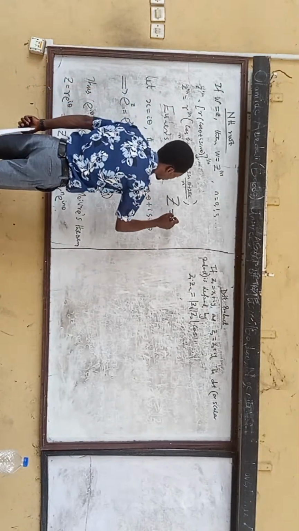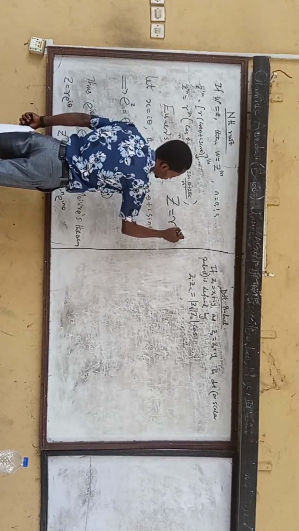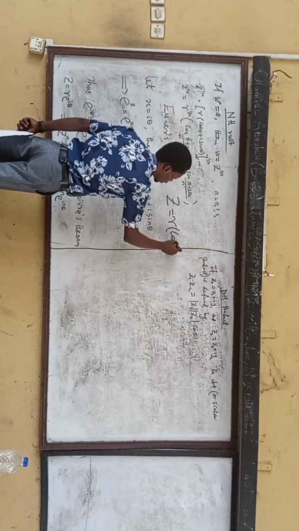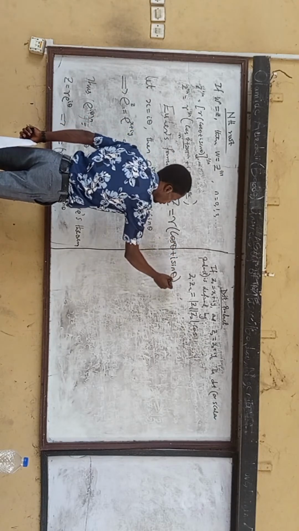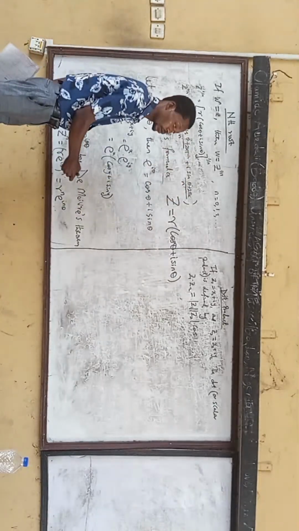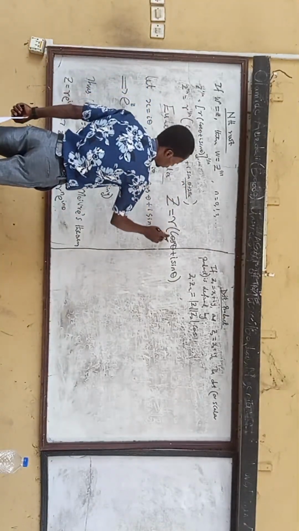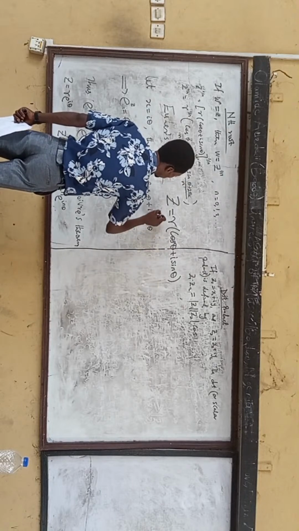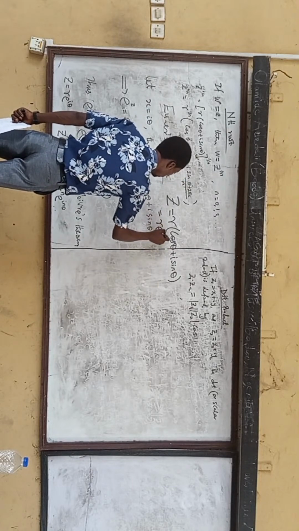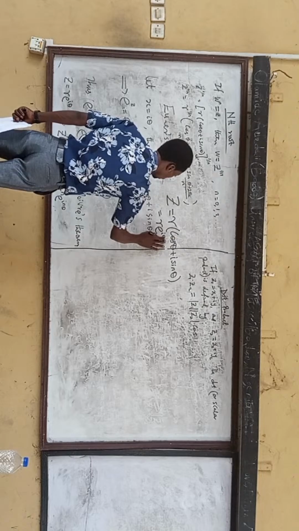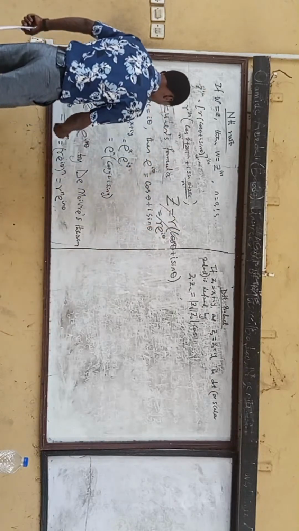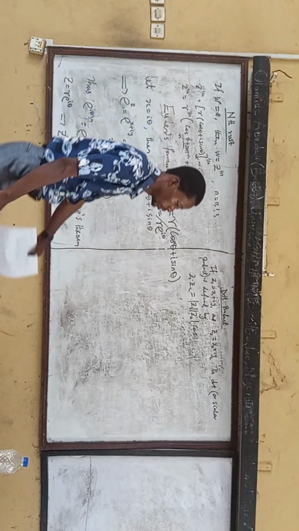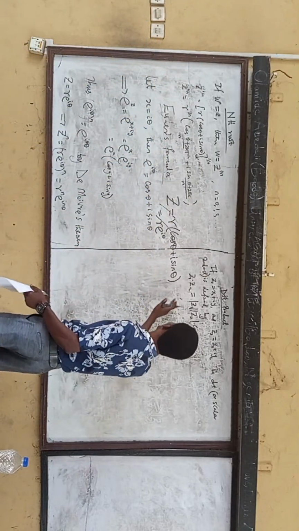Okay, I'll write it: r cos theta plus i sin theta. That's our z now. So it means z is r e to the i theta, and z to the n is r to the n e to the i n theta.